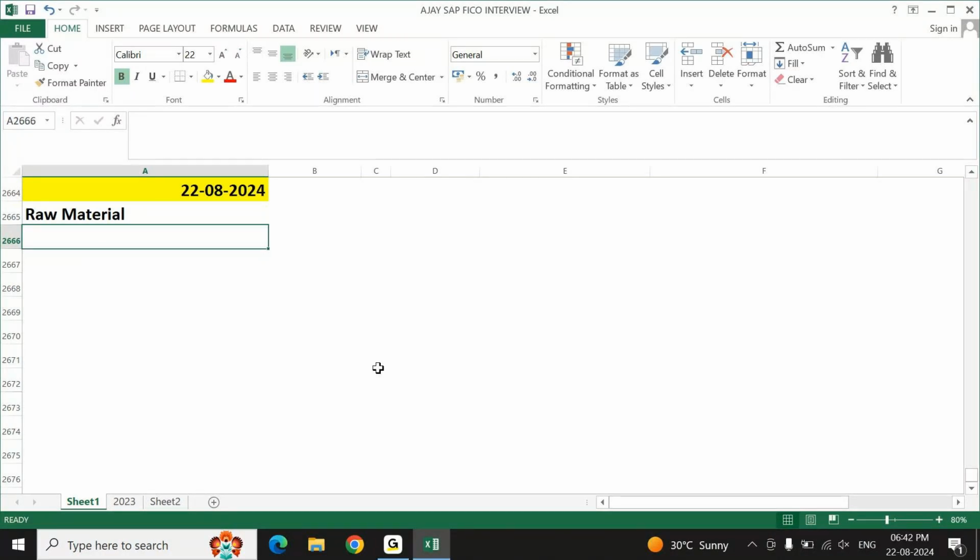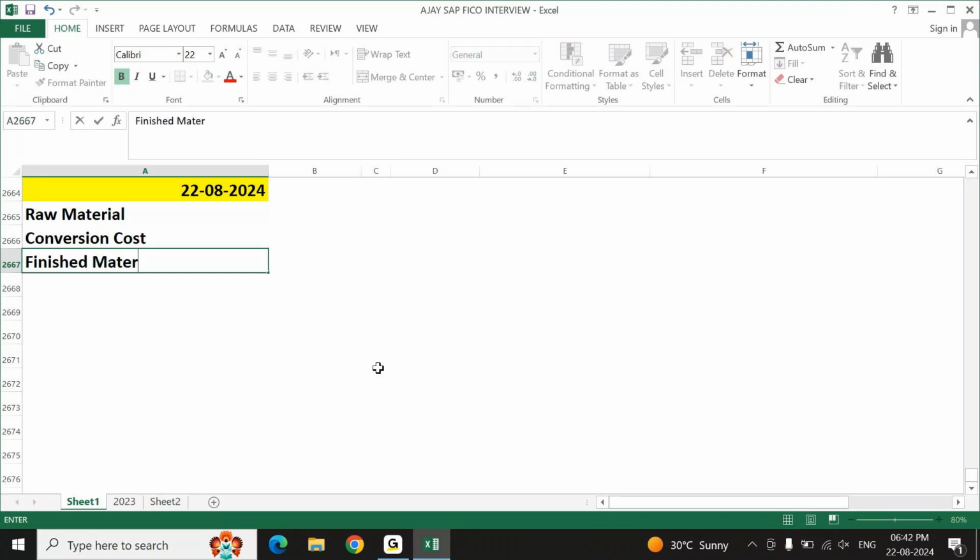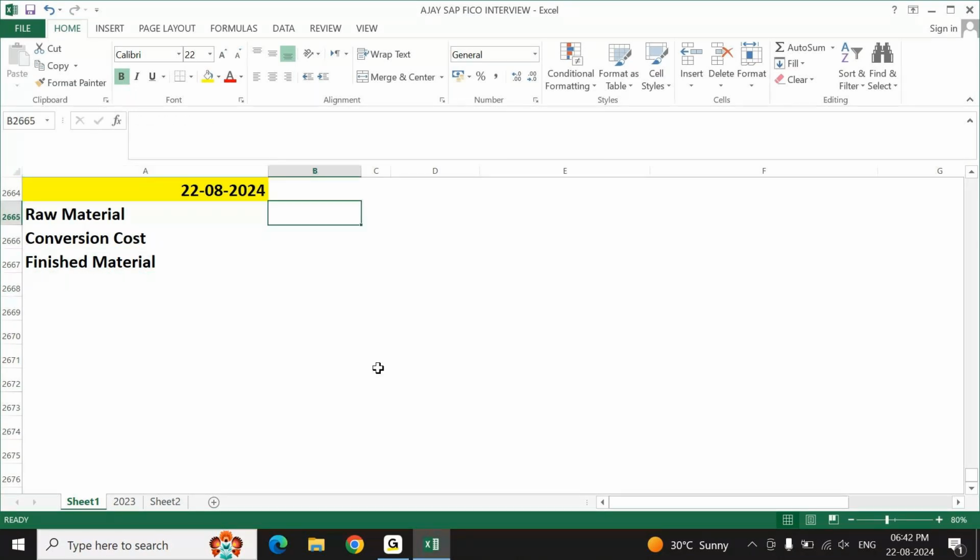There is something called raw material and there is something called conversion cost. Raw material cost and then the conversion cost will give you finished material. In short, if I say that my raw material cost is 100 and my conversion cost is, let's say, 30, and my finished material will be costing me 130 rupees.